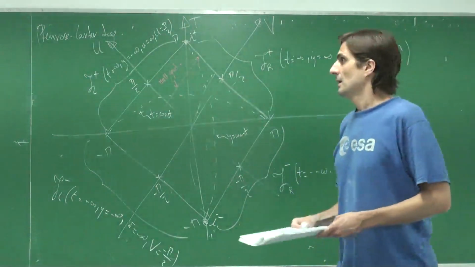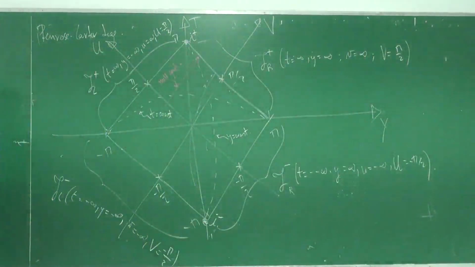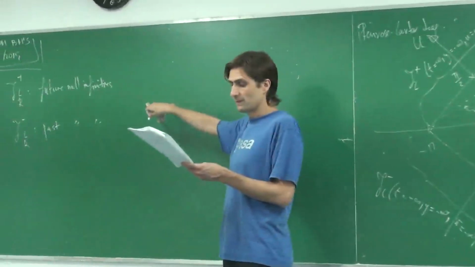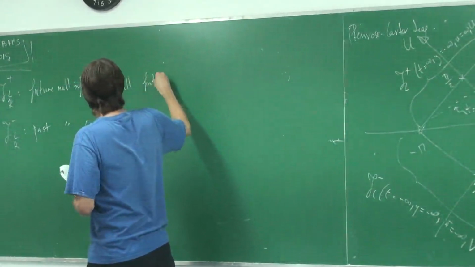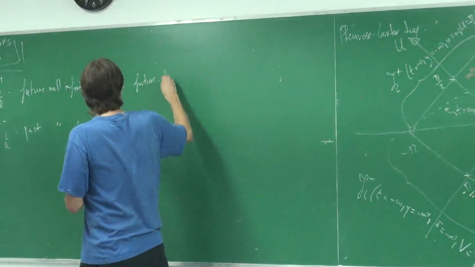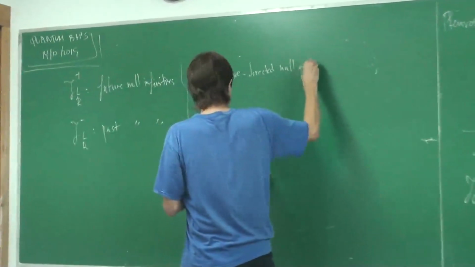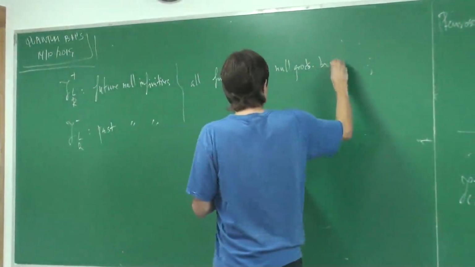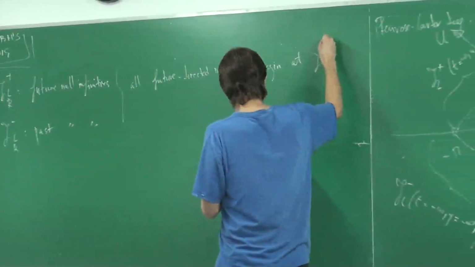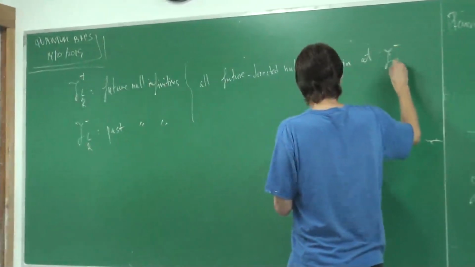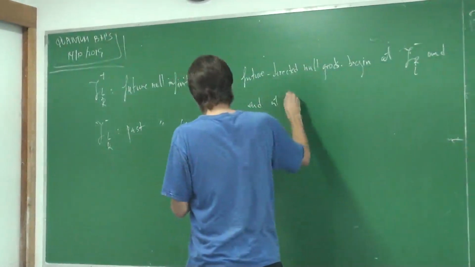Okay? So we're talking about geodesics here. So, future null infinity, past null infinity: all future-directed null geodesics begin at scri minus and end at scri plus.